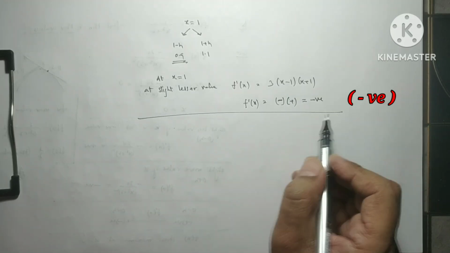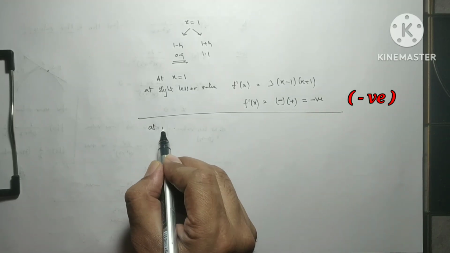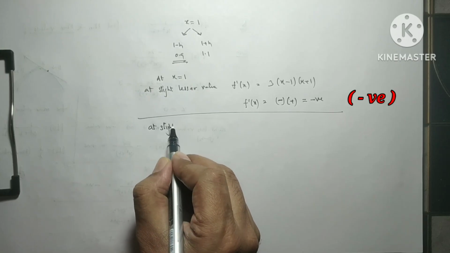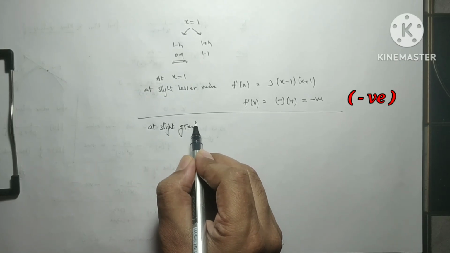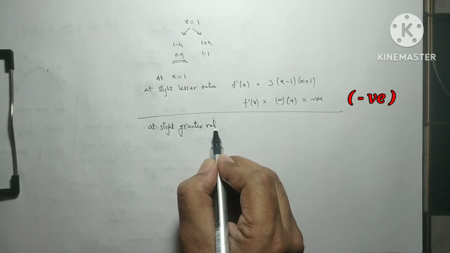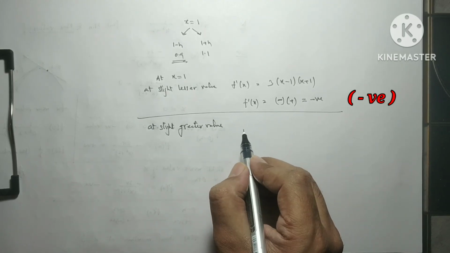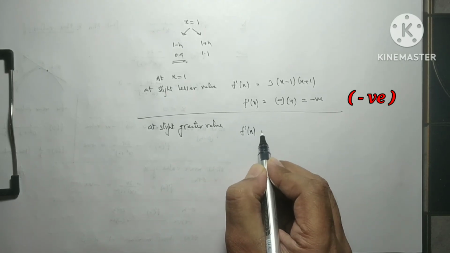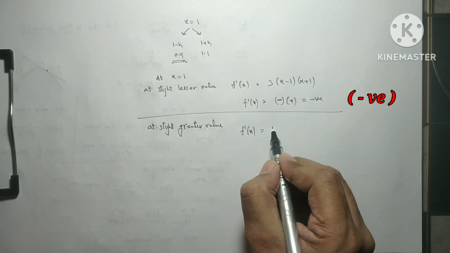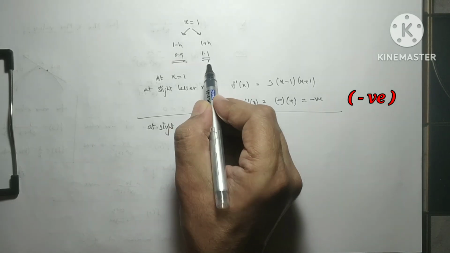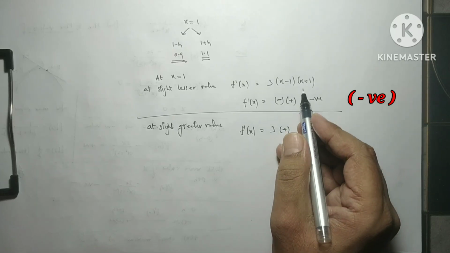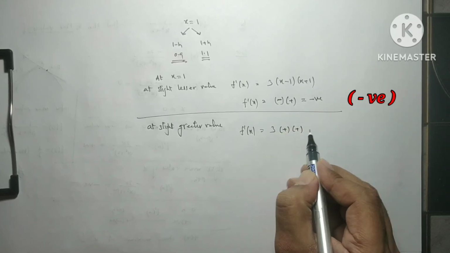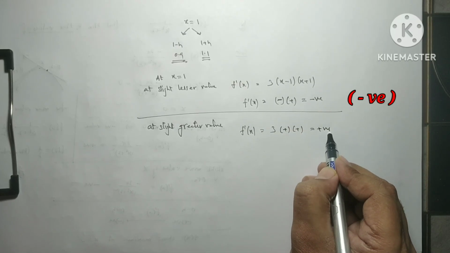At the slightly greater value, f dash x, when you put like 1.1 in this, you get positive and positive, so overall it is positive.